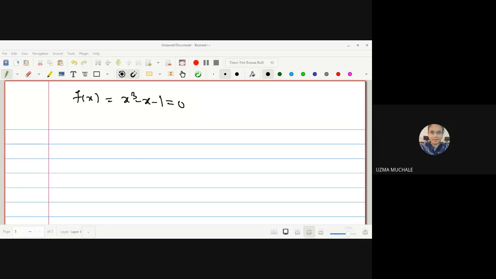What is the answer? After 5 iterations or 6 iterations, at least you have to perform 5 iterations.